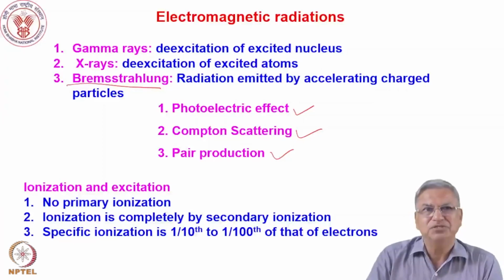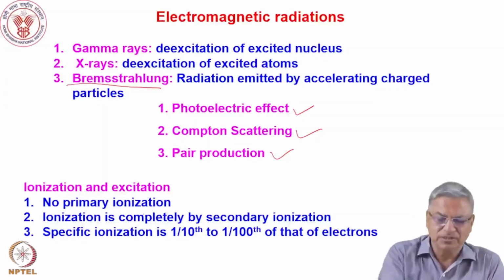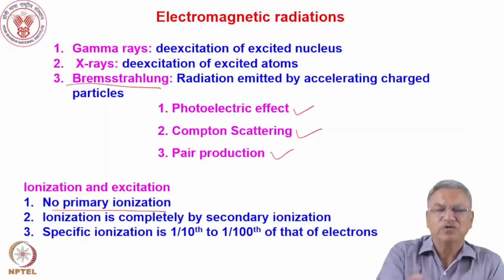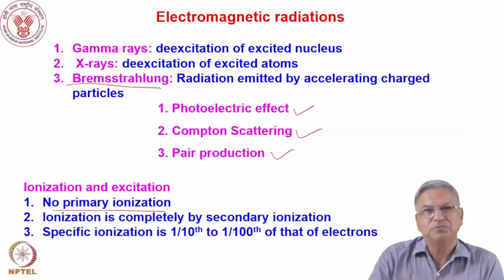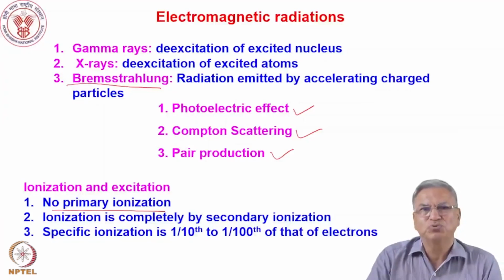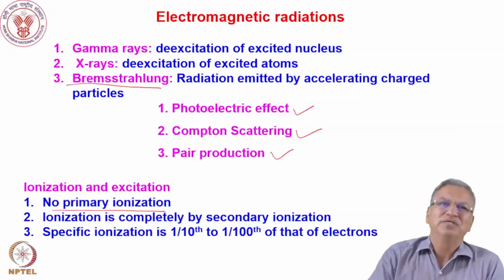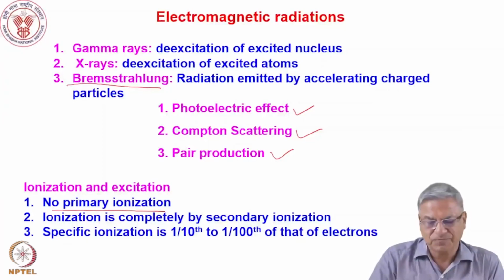By secondary means, they will produce electrons, which in turn will cause ionizations. So there is no primary ionization in the interaction of these gamma photons with the matter. It is mostly by secondary ionization. Whatever electrons are produced, as we will discuss very soon, in these three processes, they will cause ionization, and therefore we get the secondary ionization.